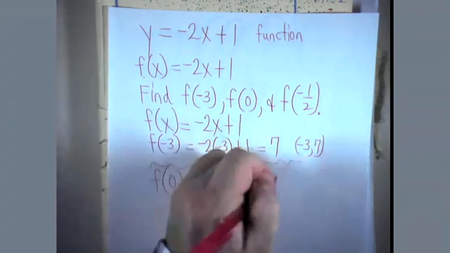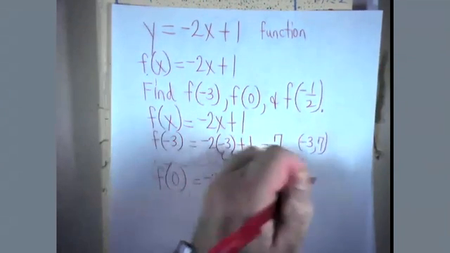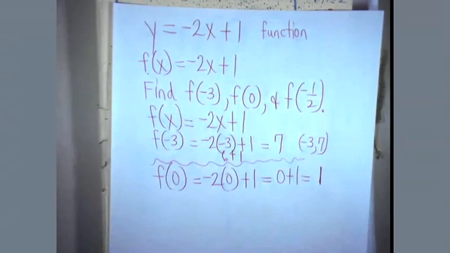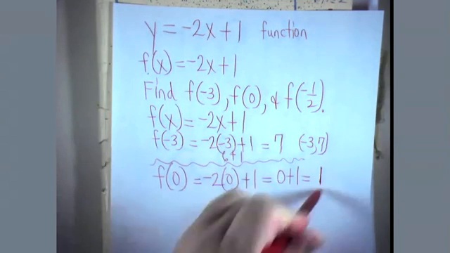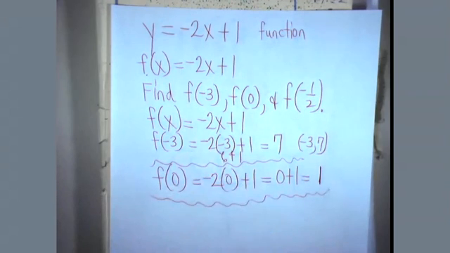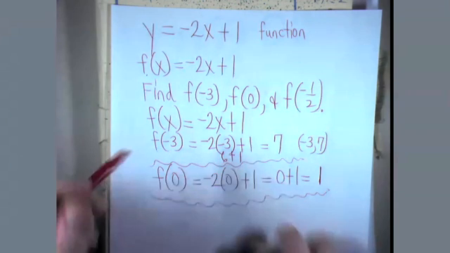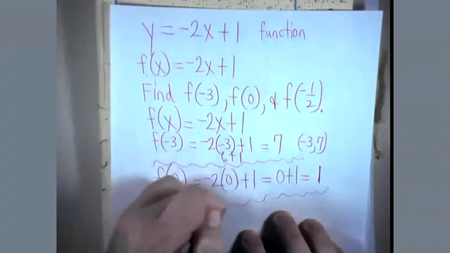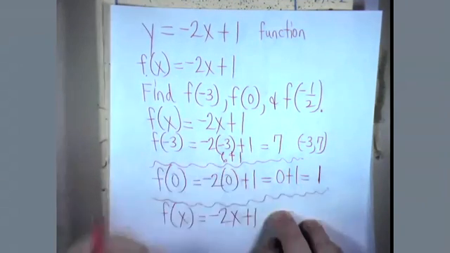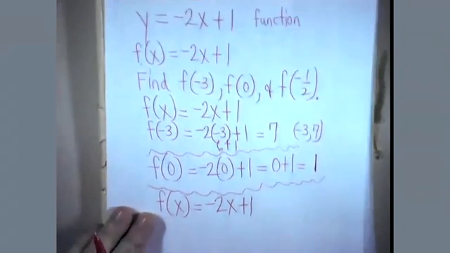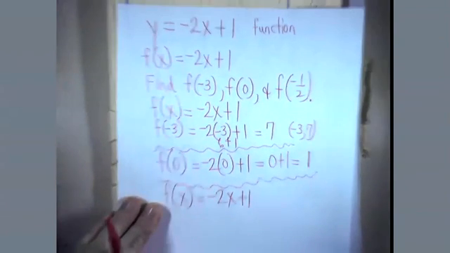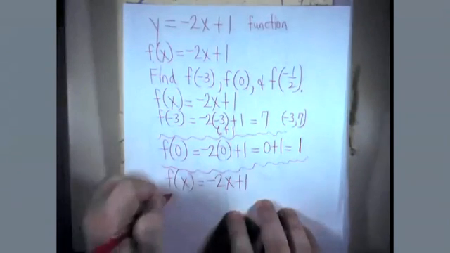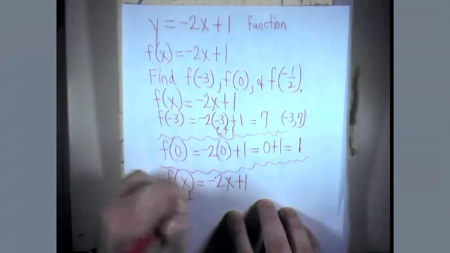So this will give us 0 plus 1 or just positive 1. And finally, we need to find the value of f of -1/2. So going back to your original function, everywhere you see an x, now replace it with -1/2.